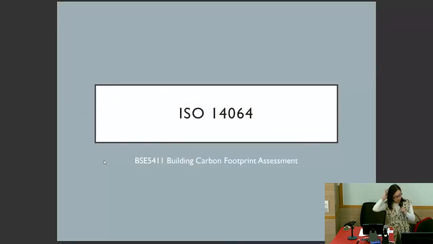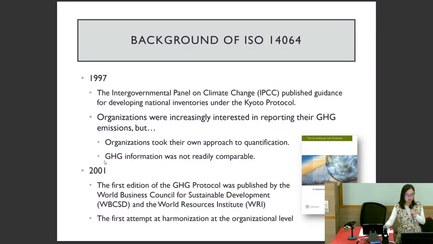So let's talk about the ISO standard briefly. The background of the ISO standard: back in 1997, the IPCC, the Intergovernmental Panel on Climate Change, published guidance for developing national inventories under the Kyoto Protocol.